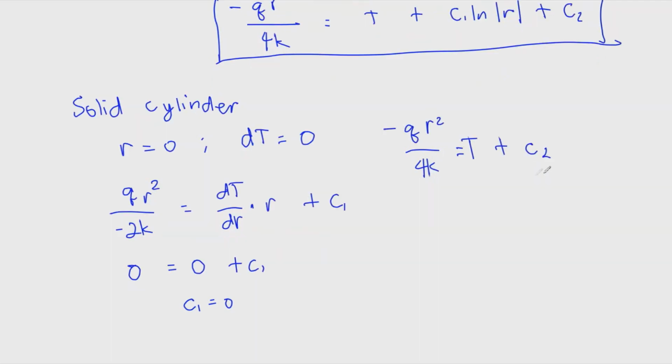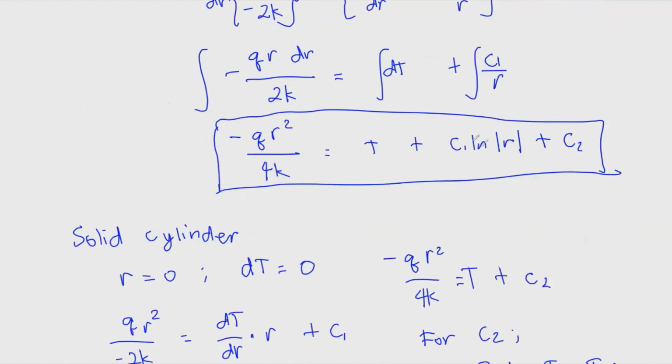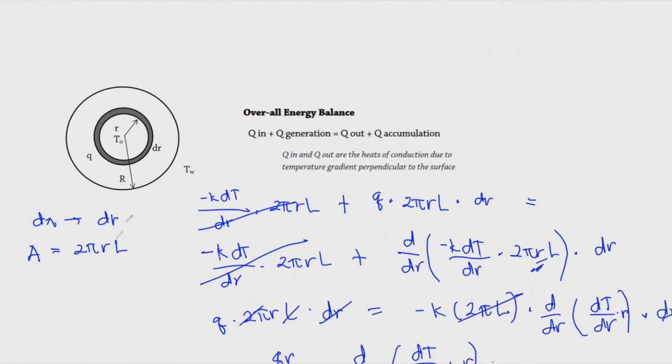Now, using the final value for our c2, since after some time, if R is the outside radius, the temperature is our Tw, which is the surrounding. So you can see here in the figure, if r is equal to capital R, which is the outside radius, our temperature is Tw.